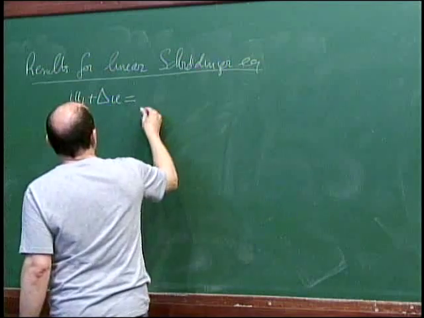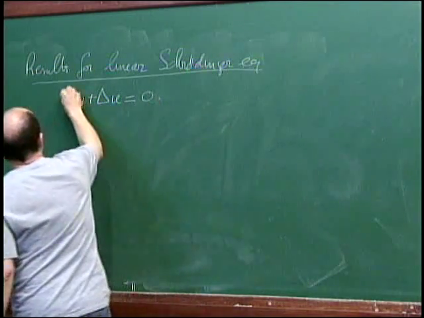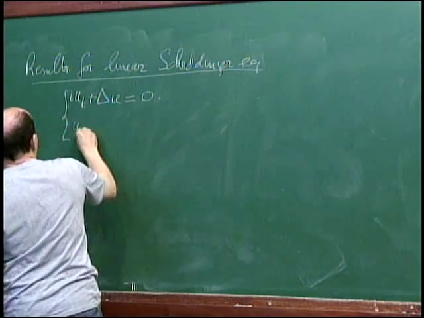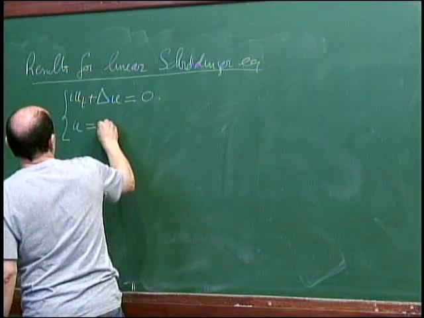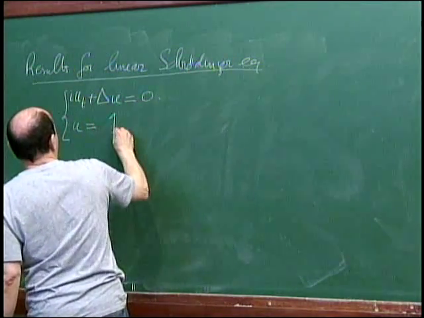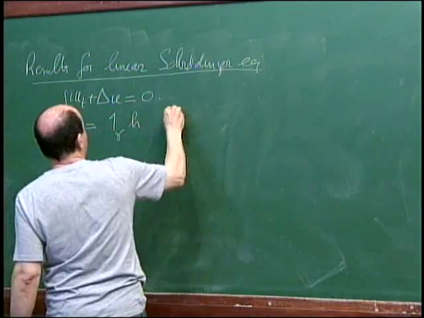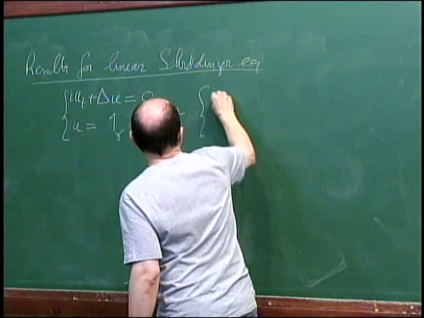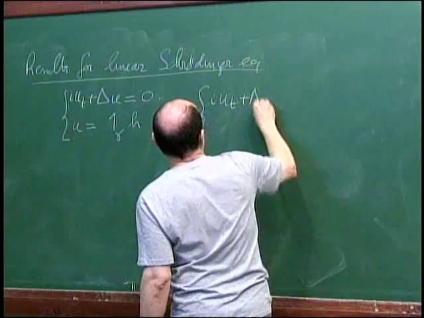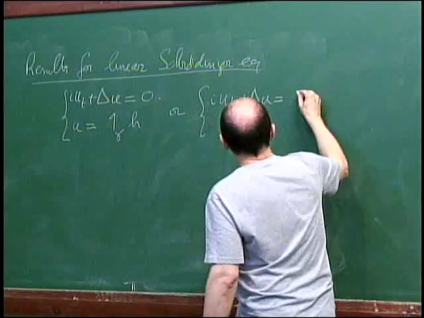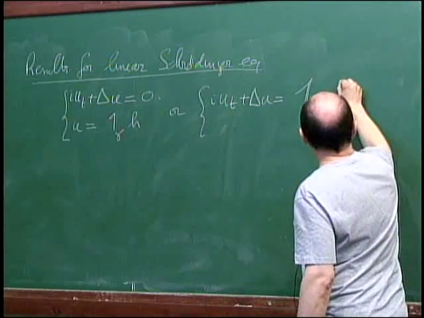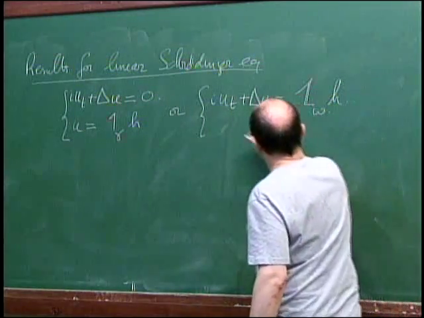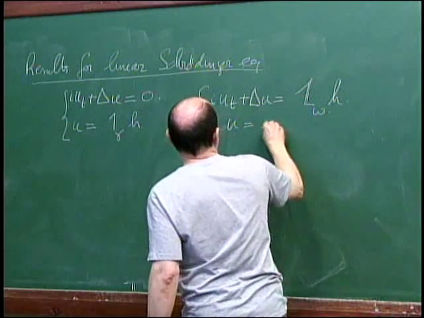And I will either consider the boundary control with Dirichlet boundary data, or the internal control written this way. So you take the characteristic function on some open set, you multiply by your control, and u is 0 on the boundary.